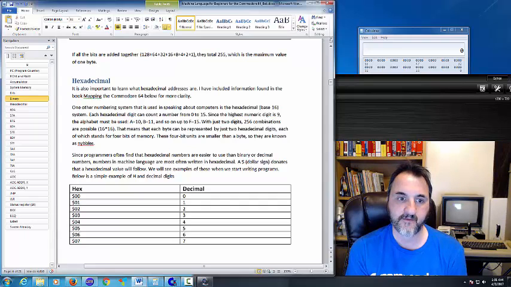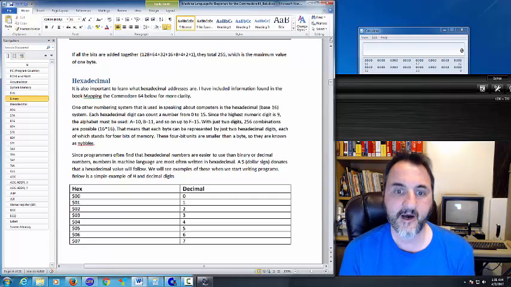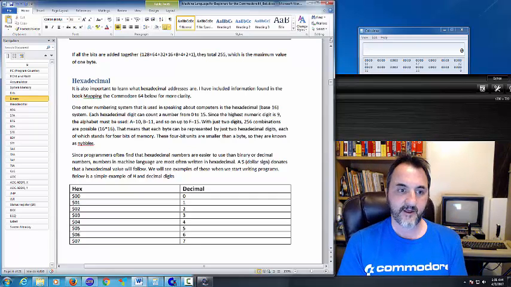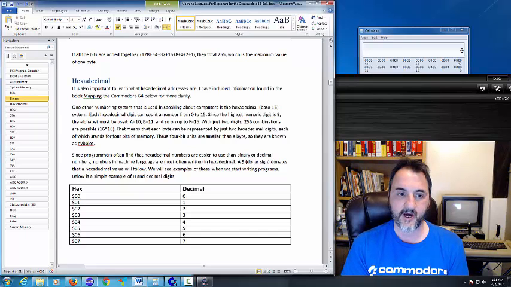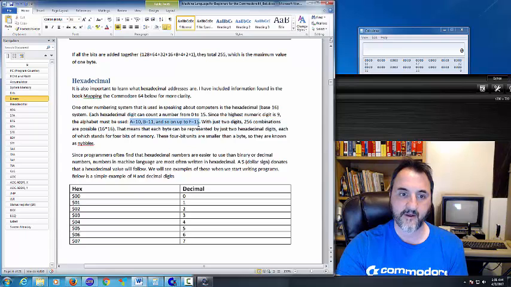One other numbering system that is used in speaking by computers is the hexadecimal base 16 system. Each hexadecimal digit can count a number from 0 to 15. Since the highest numeric digit is 9, the alphabet must be used. So once we count from 0 to 9, we're going to start using the letters A through F. An example here, I put A is equal to 10, B is equal to 11, and so on up to 15.